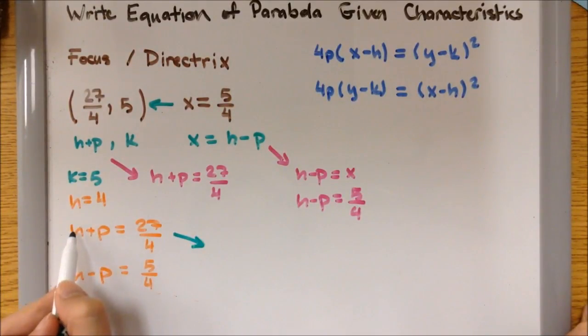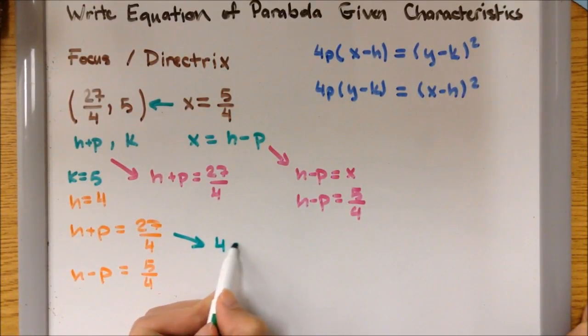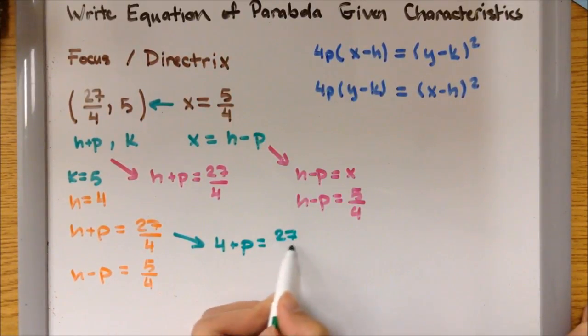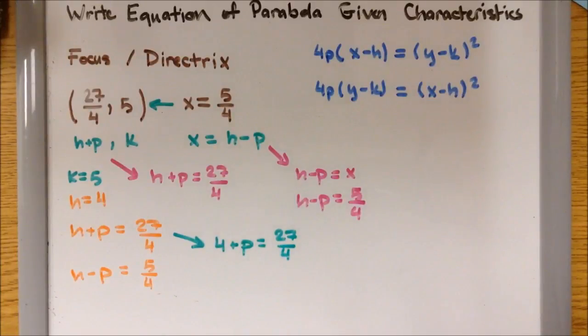So h is 4, so I'm going to put 4 plus p equal to 27 over 4. Next, I'm going to subtract 4 on the left side to cancel out, and then subtract 4 on the right side. So it's going to be p equal to 27 over 4 minus 4.